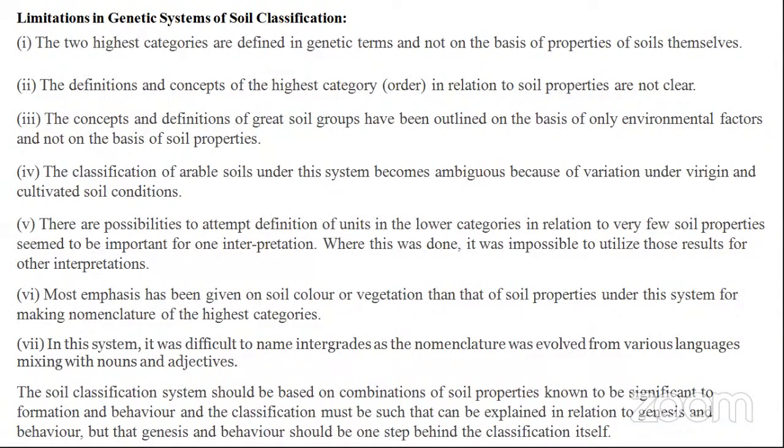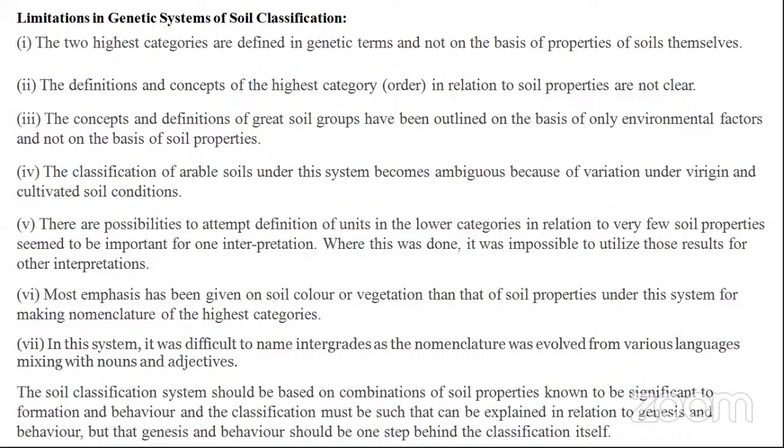And also, these people gave more importance to color and vegetation than to soil properties when giving nomenclature. They considered only the color and what type of vegetation is grown, and neglected other soil properties in giving names.